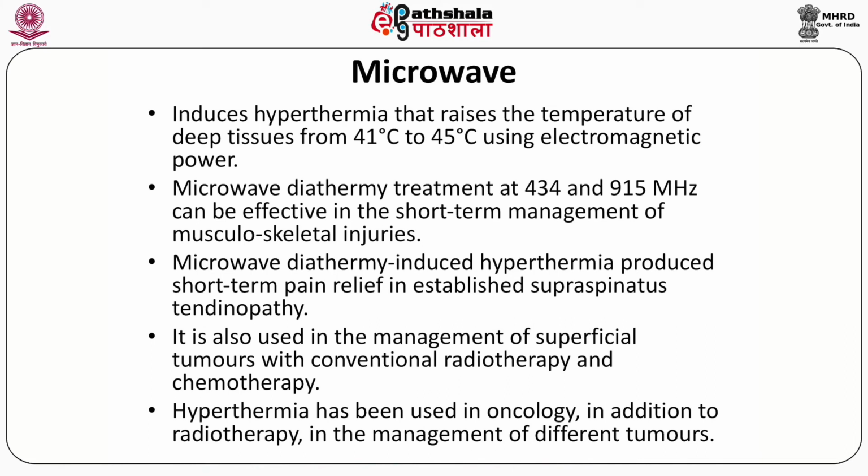This mode of treatment at 434 and 915 megahertz can be very effective in the short-term management of musculoskeletal injuries. So it has two frequencies, 434 and 915 megahertz, that are being used.